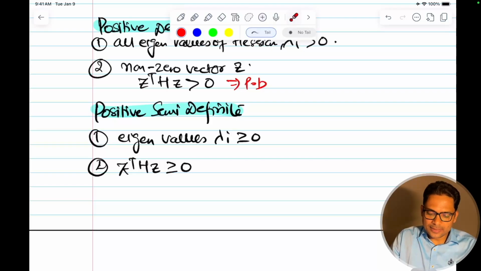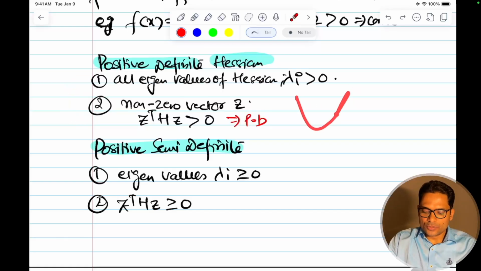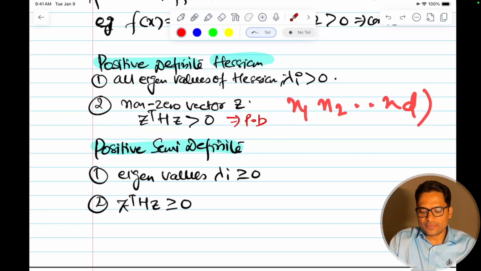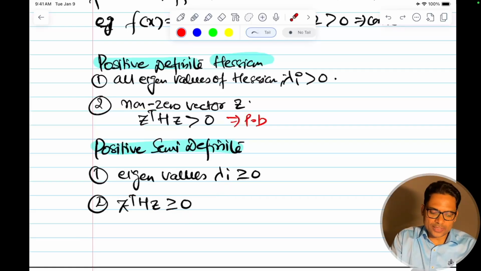What does this mean? Here we said that if all the eigenvalues are positive, and the second condition also holds, either of these will work. So for each dimension, x1, x2, up to xd, in each dimension the function is curving upwards. But here some of the eigenvalues can be 0 and some of the directions can be 0, which means it is not strictly convex.